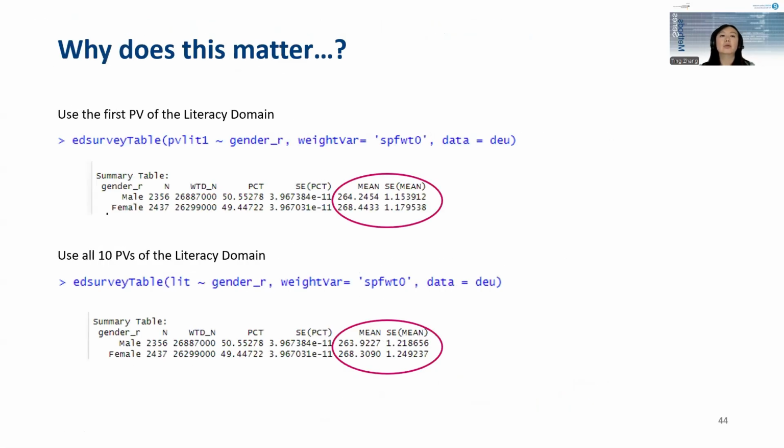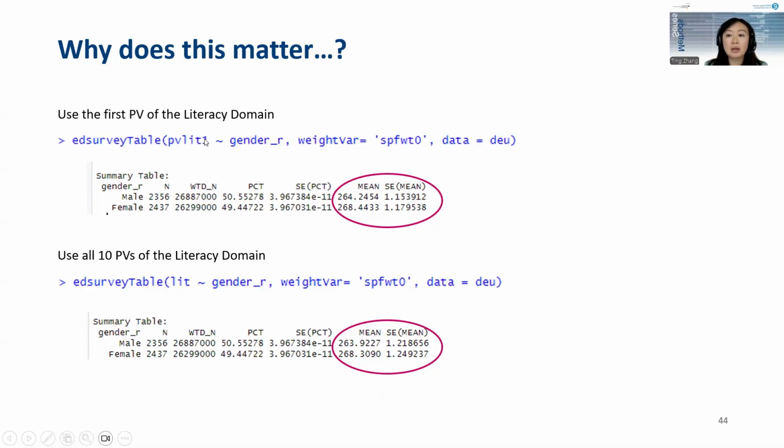All right, so why does it matter? Why do we have to use all the plausible values? Why do we have to take into account the measurement errors in our analysis? Let me show you an example. In this example, I ran two analyses using a survey package. In the first example, I want to look at the mean difference, the gender difference, in terms of literacy achievement. So the outcome is the literacy mean.